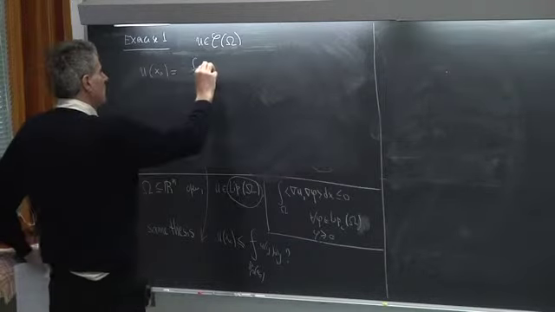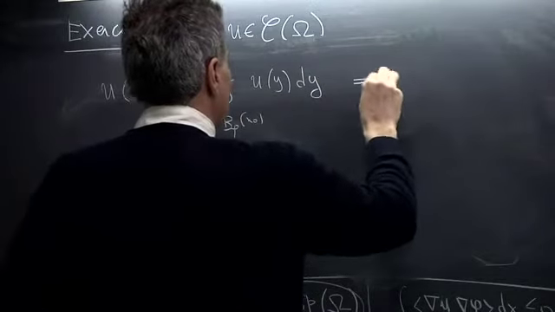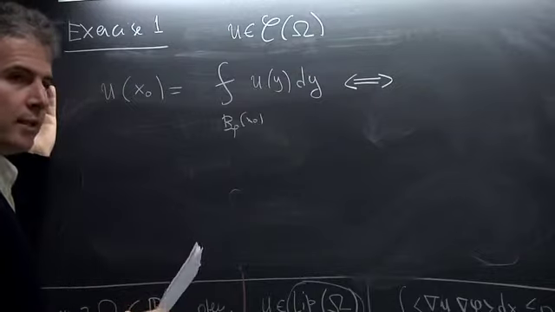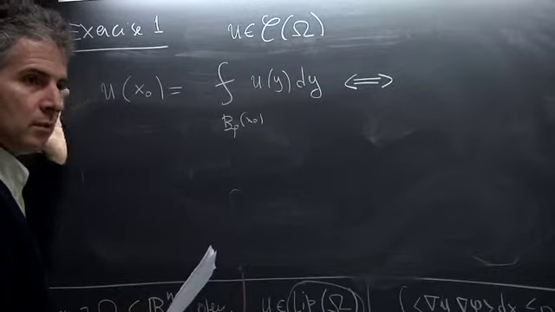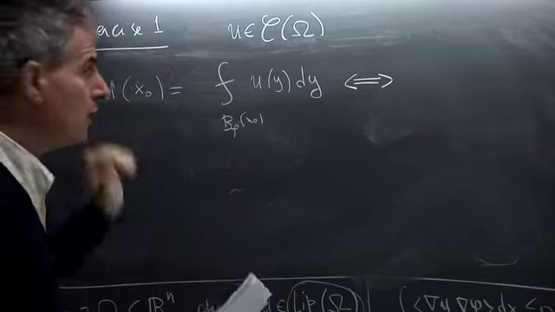Yes, so now, sorry, here it is for any x naught in omega, for any rho with the distance less than, etc., etc. So write correctly, okay?